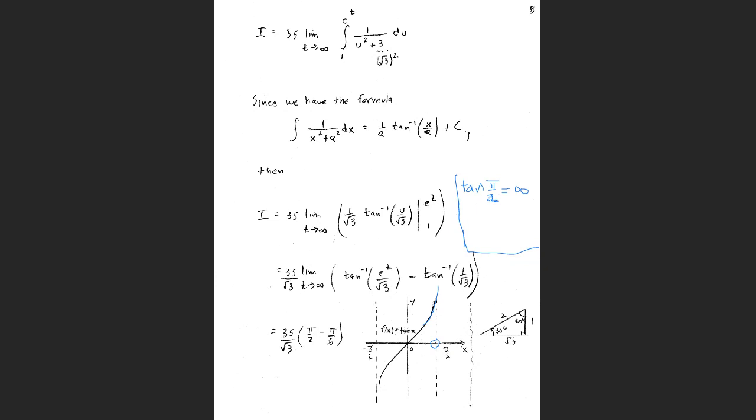So this means that the arctangent of infinity would equal pi over 2. So this justifies this pi over 2 here. Are there any questions on that?